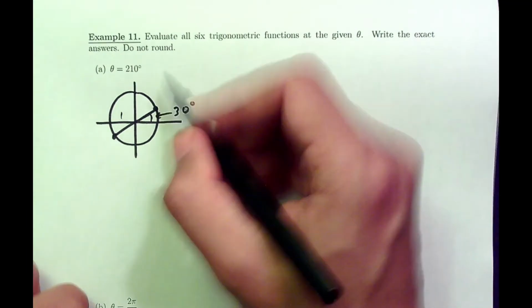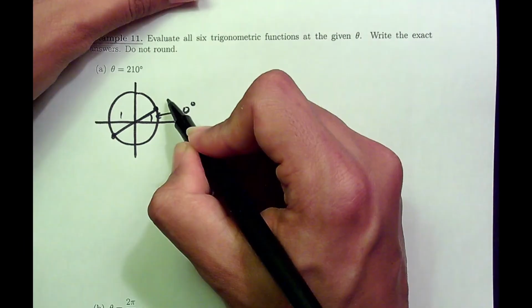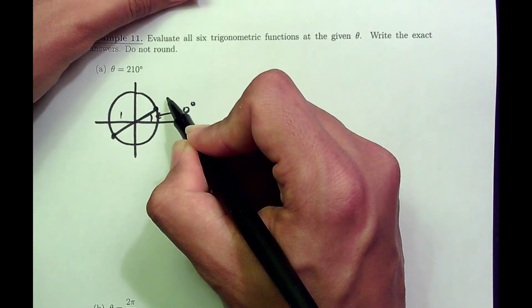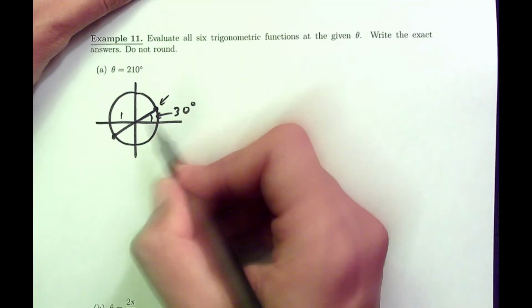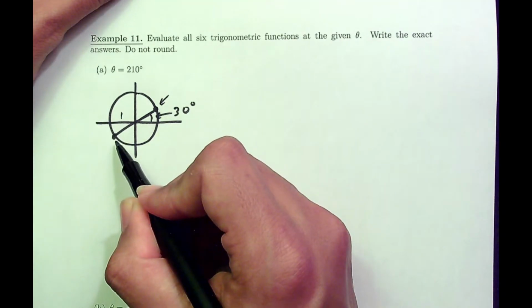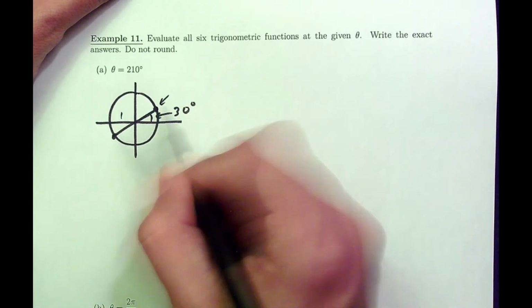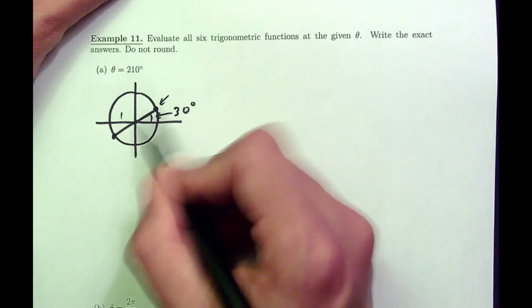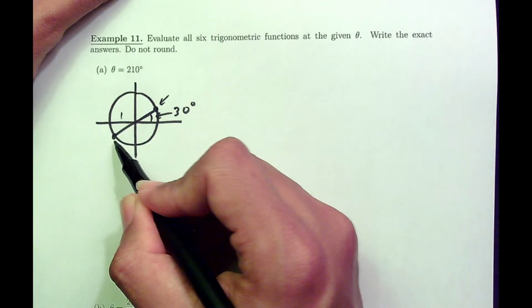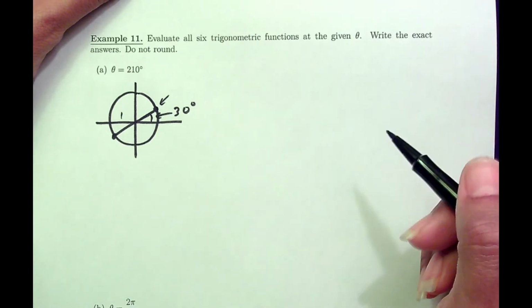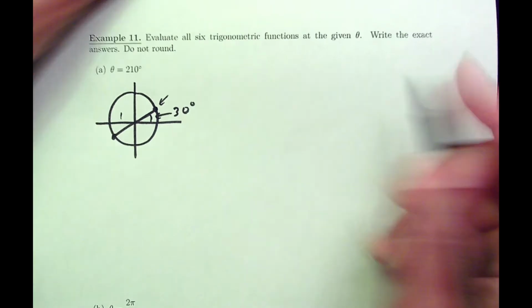However, if we know the coordinates of this point right here, then we can figure out the coordinates of that one, because it's going to be the same ones, on the other side, and it's a reflection through the origin, so the coordinates are going to be exactly the same, except the signs have to be adjusted.